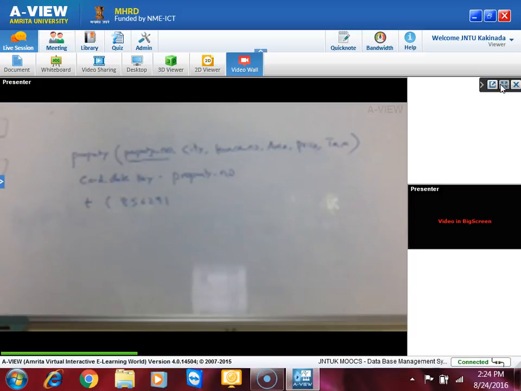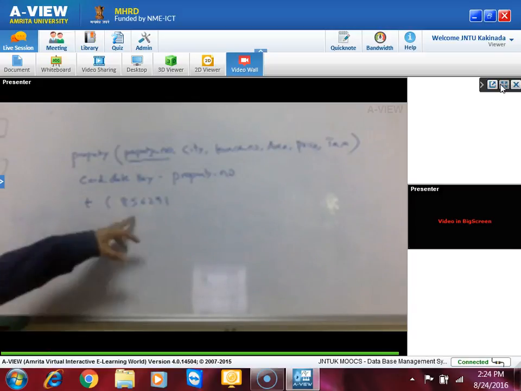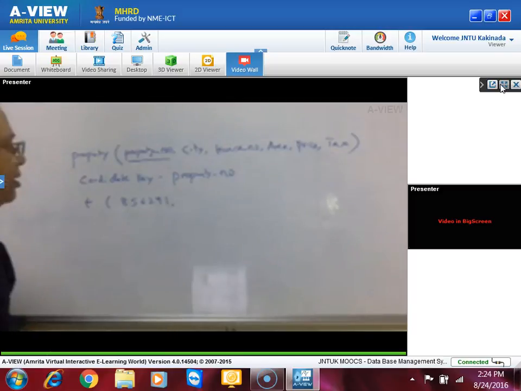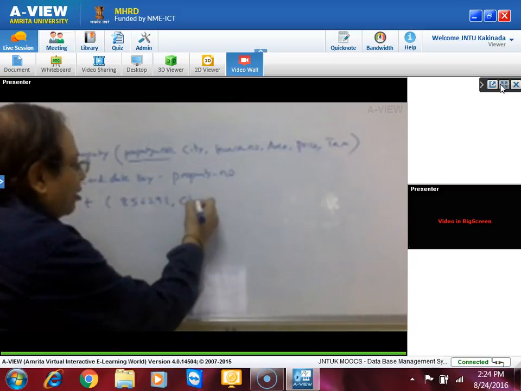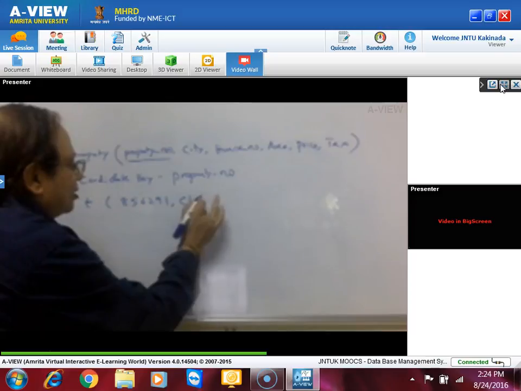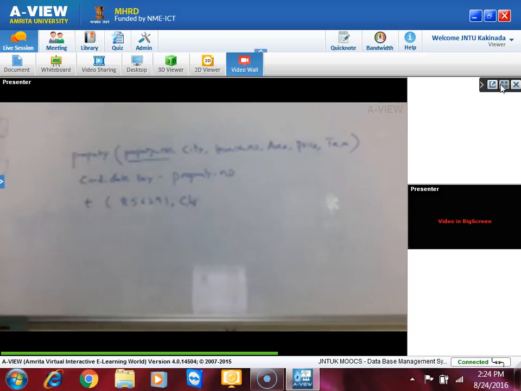So this is a unique number. Let us say for the property, this is located in the city of Chennai.